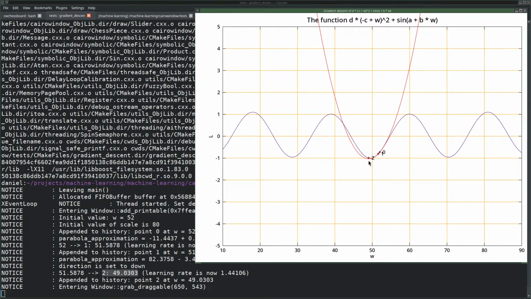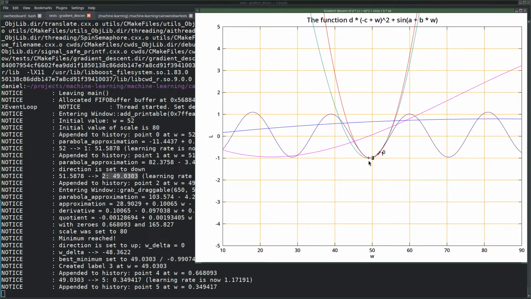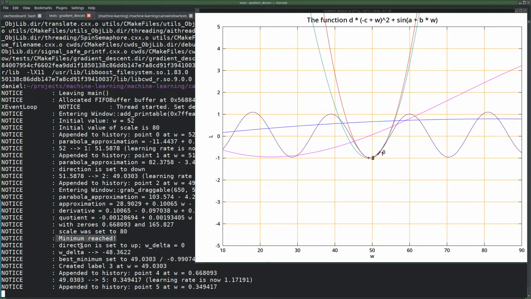Now I'm going to click space again, and what happens then? I don't see a sensible point being added. We had 0.2. It says minimum reached, okay, or could be that it thinks that temporarily. Delta is minus 48, that's wrong.